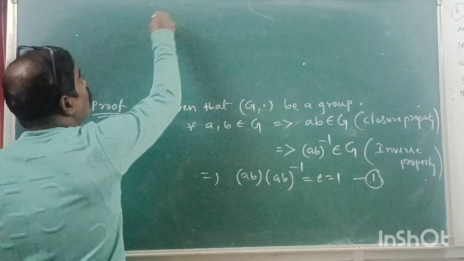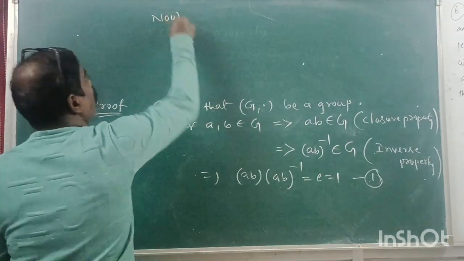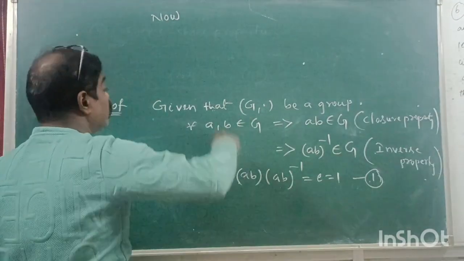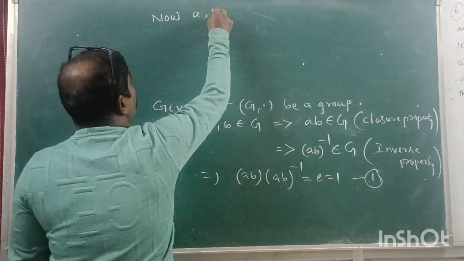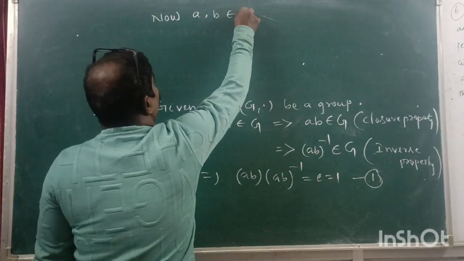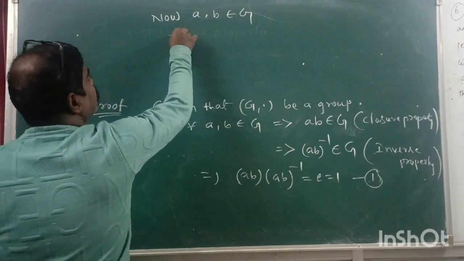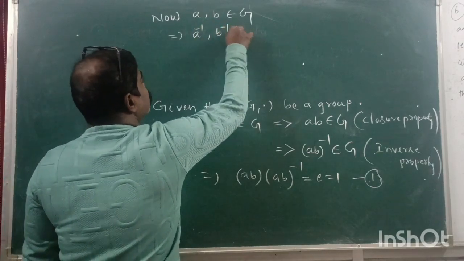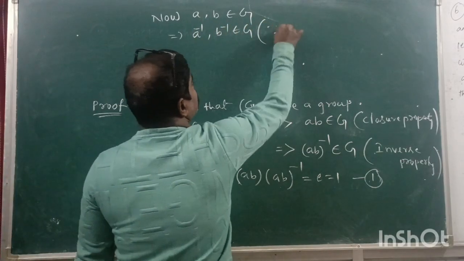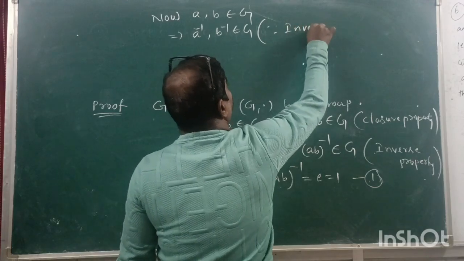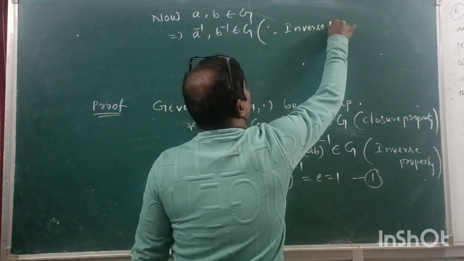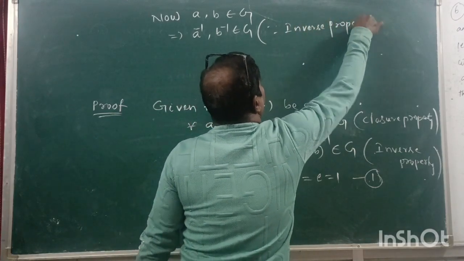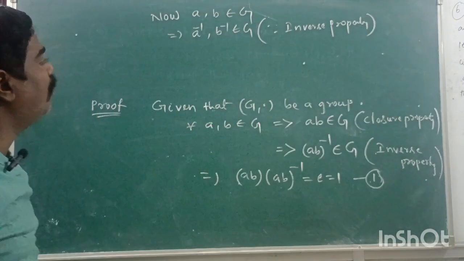Now, A, B belongs to where? G. This implies A inverse belongs to G and B inverse also belongs to G. Why? Since inverse property. Okay. Fine.